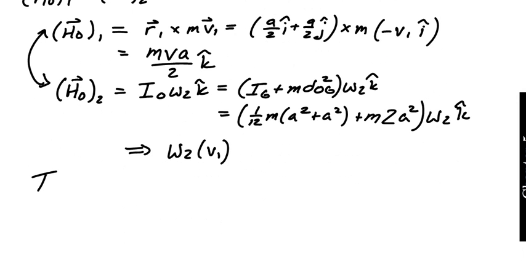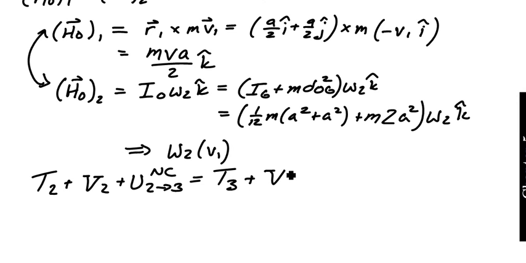So T2 plus V2 plus the non-conservative work done in moving between states 2 and 3 is going to equal T3 plus V3. Initially, we're in a state of pure rotation about O, so I'll have a kinetic energy of 1/2 I about O times omega 2 squared.